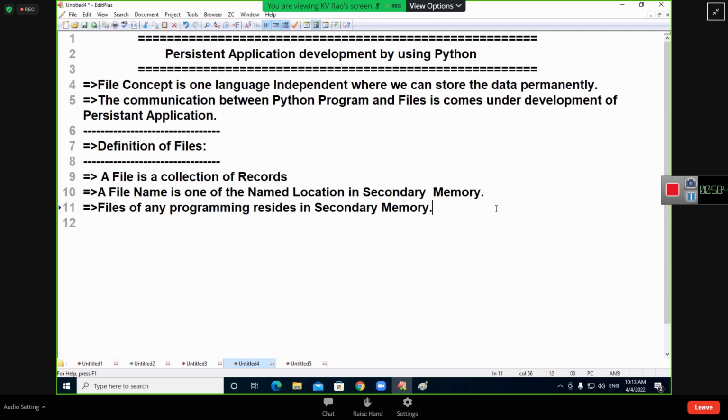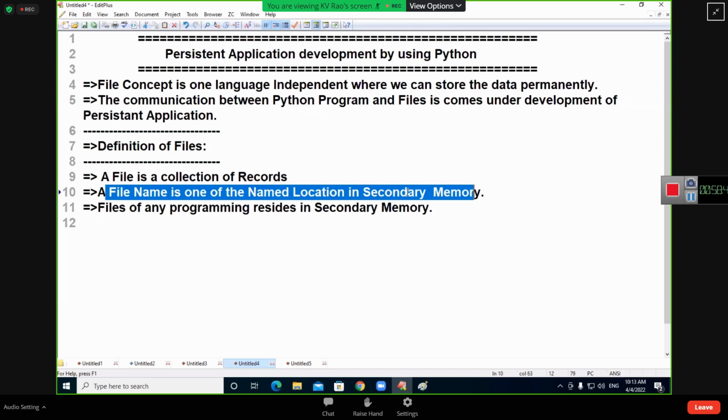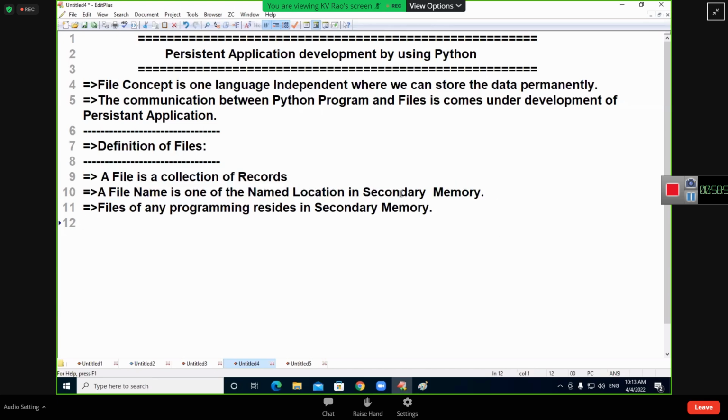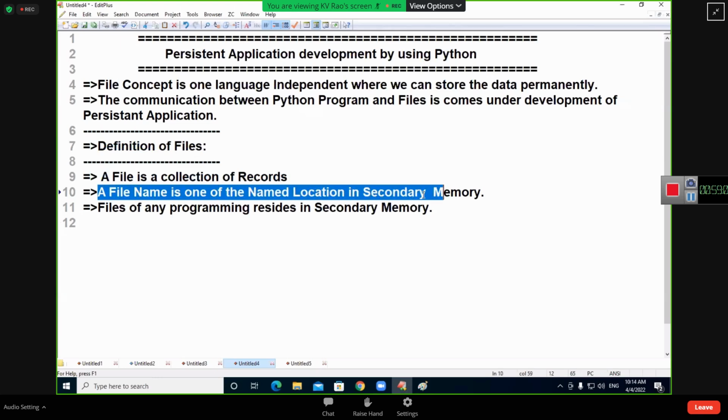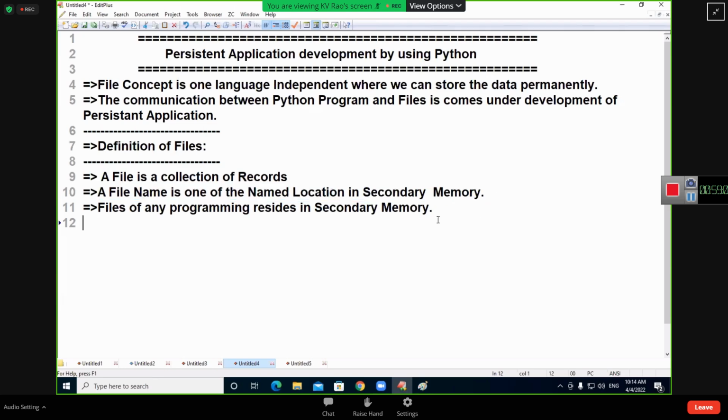Say that files of any programming language reside in which memory? Secondary memory. A file name can be considered as a named location in which memory? Secondary memory. My dear students, what do you know about files if somebody asks you? A file is a collection of what? A file name is one of the named locations in which memory? Secondary memory.